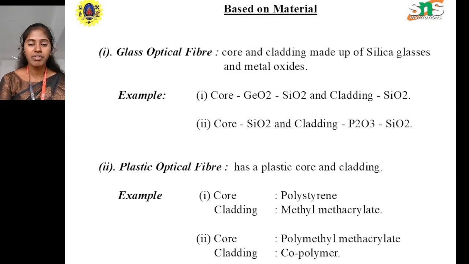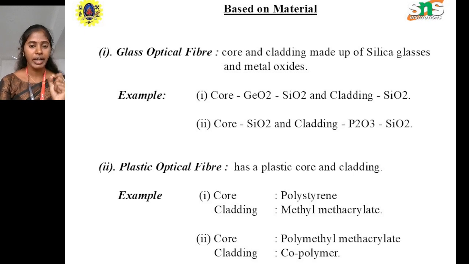Based on material means which material we use in the manufacture of the fiber. We have two different types of fiber: glass fiber and plastic fiber. In glass optical fiber, the core and the cladding are made up of silica, silica glasses and metal oxides.